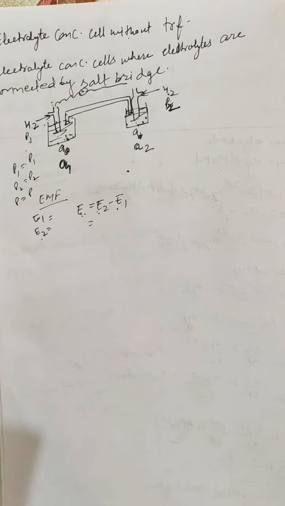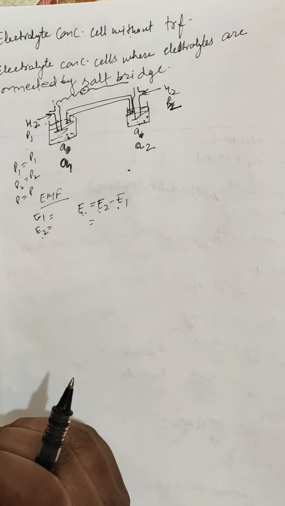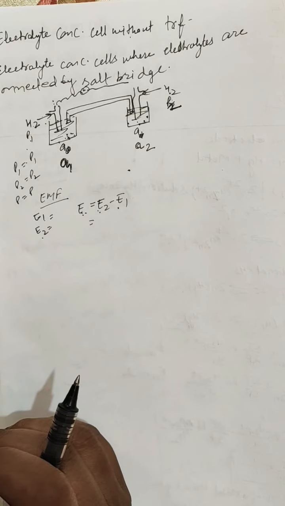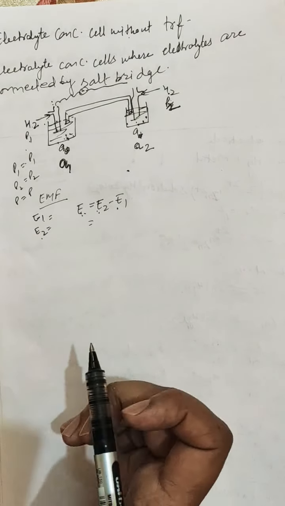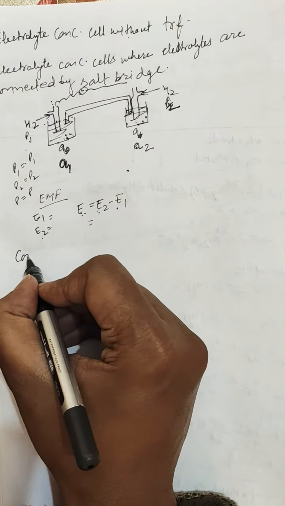So you will be able to calculate all the equations for the Nernst equation for the different types of cells. And next are the concentration cells with transference. That we will take in the next lecture.